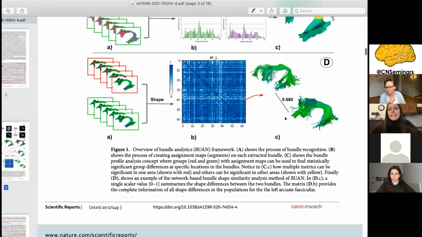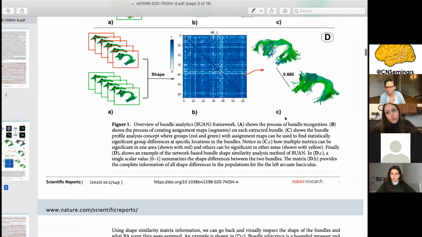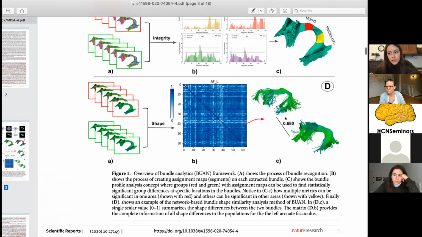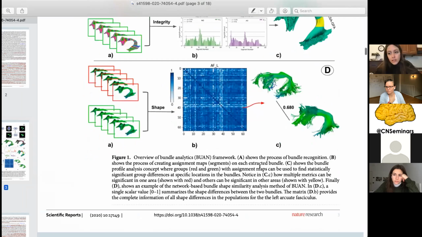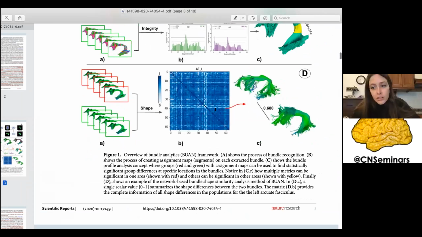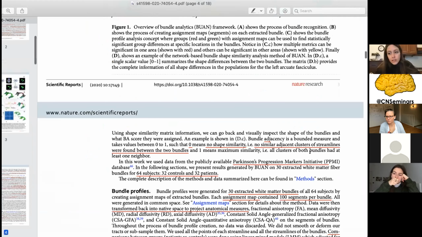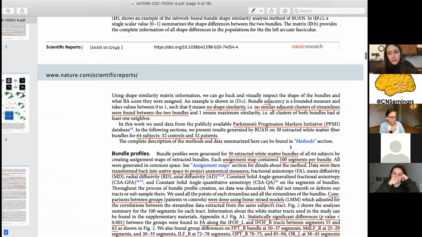Okay, we can move to the part in which they try to test this tool on a set of data. In this respect, they used this dataset, which is the Parkinson Progression Markers Initiative. They considered 64 subjects, 32 controls and 32 patients.